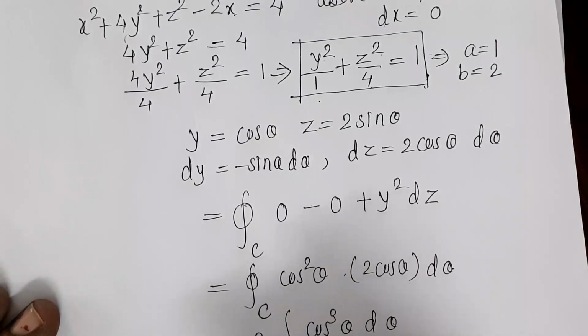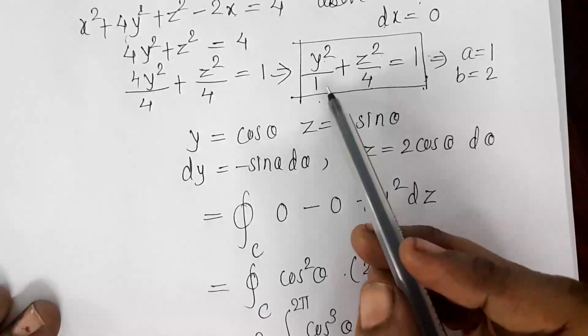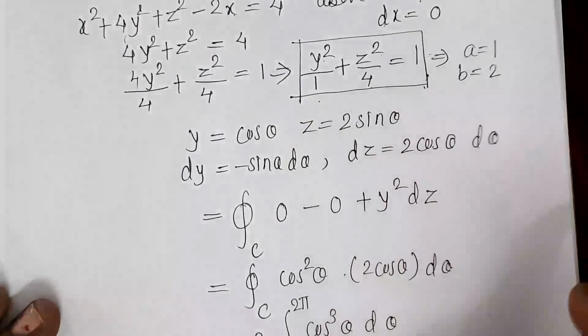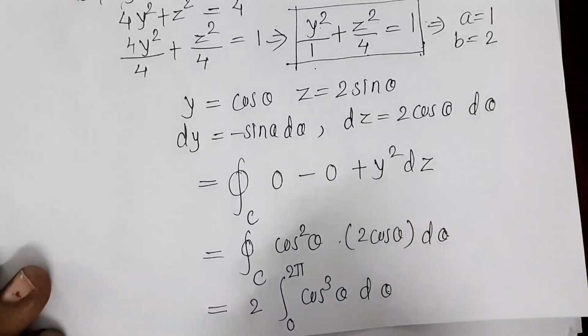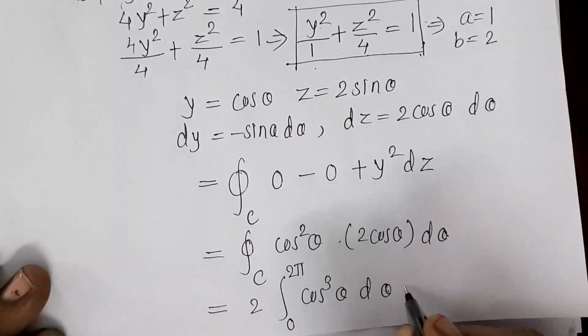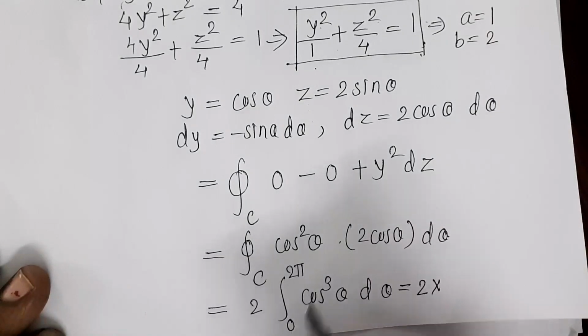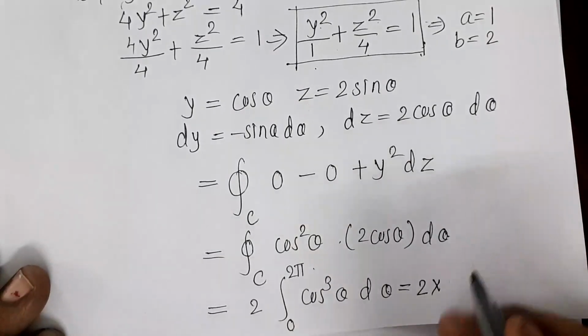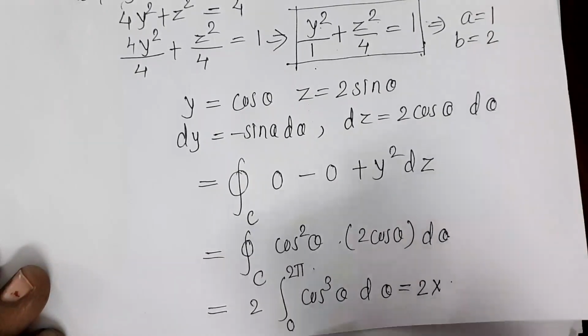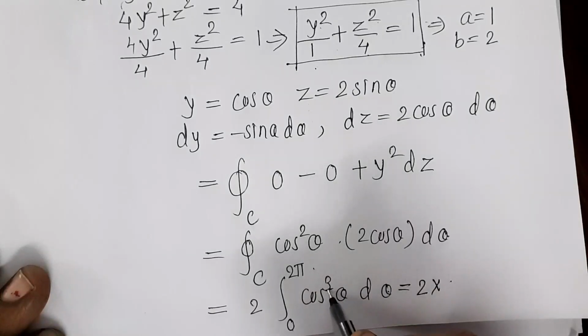Now the integration is from 0 to 2 pi, because since it is an ellipse, the complete limits are 0 to 2 pi. So 2 times integration 0 to 2 pi cos cube theta d theta. By using the reduction formula, 0 to 2 pi can be written as 4 times 0 to pi by 2, but it should be even.